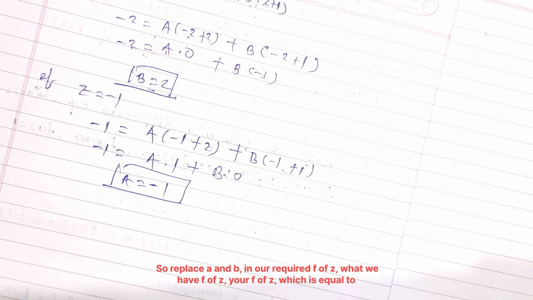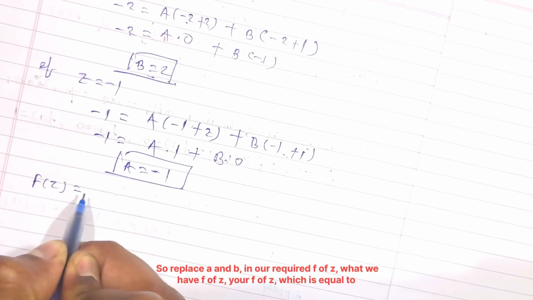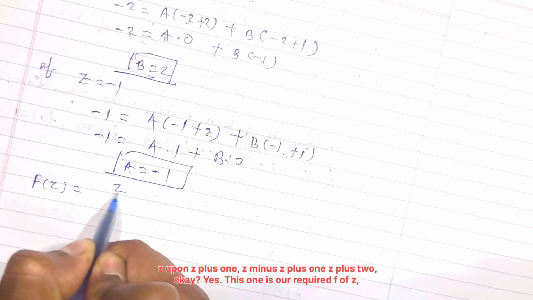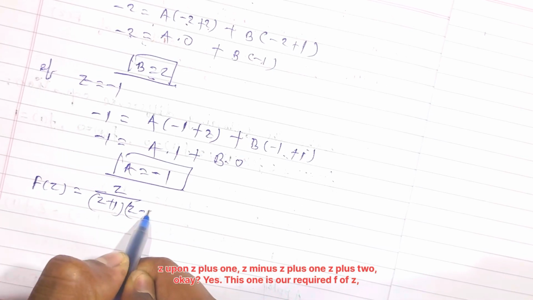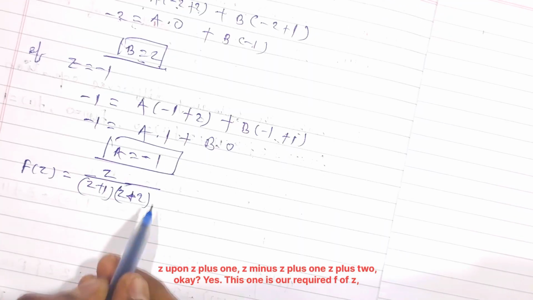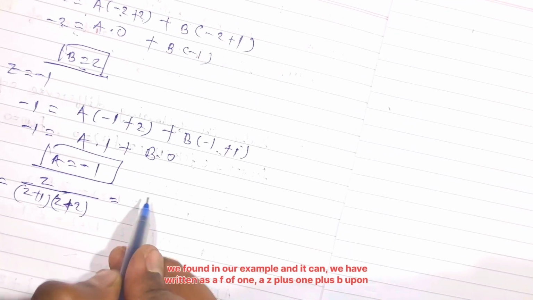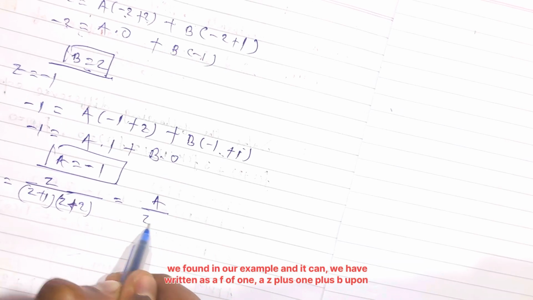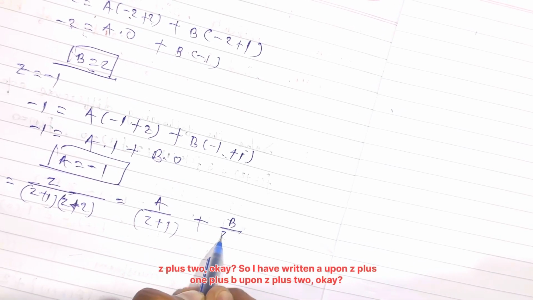So I got a equal to minus 1 and b equal to 2. Now replace a and b in our required f of z. What do we have for f of z? F of z equals z upon (z plus 1)(z plus 2), which we wrote as a upon z plus 1 plus b upon z plus 2.